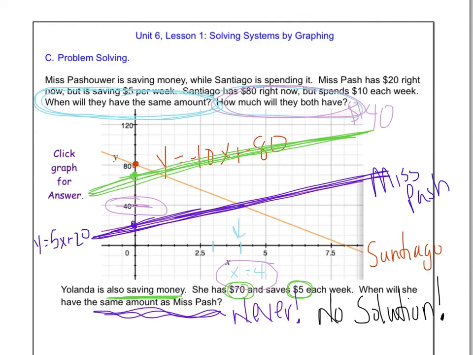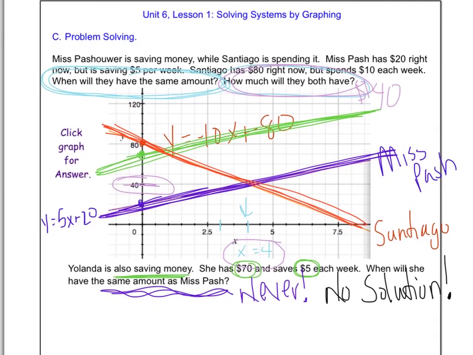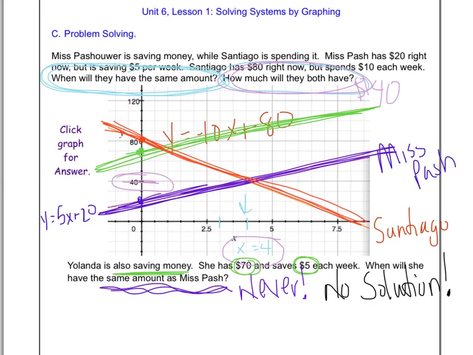So if you need to go back through that and look at it one more time, please feel free to, like I said, just kind of go back, pause, rewind, play. That's what's kind of fun about a video. So hopefully you have a situation that looks pretty similar to mine. Again, use a ruler so it looks nice. But that is in essence what we're talking about when we're talking about solving systems by graphing, is looking for where they intersect. If they never intersect, you're looking at no solution.